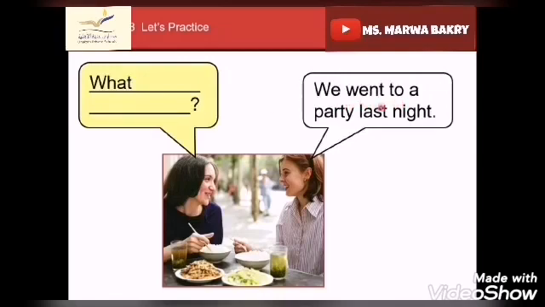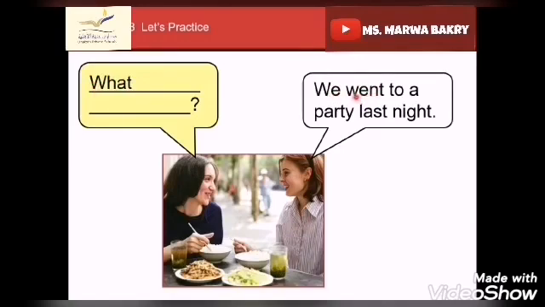We went to a party last night. Here we want to make a WH question. A WH question begins with a question word. Question word what. We will use what, followed by what auxiliary verb? Here we say we went.